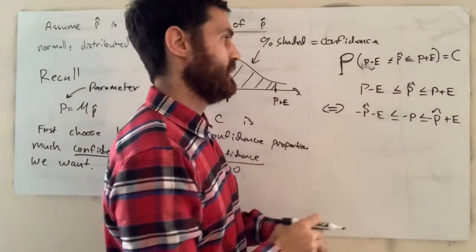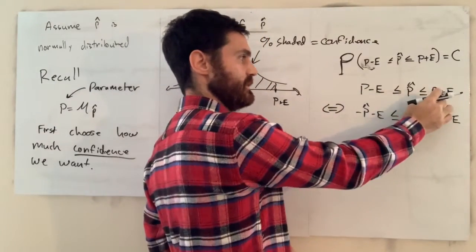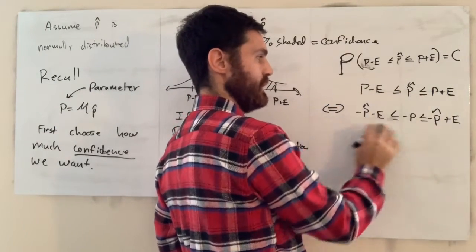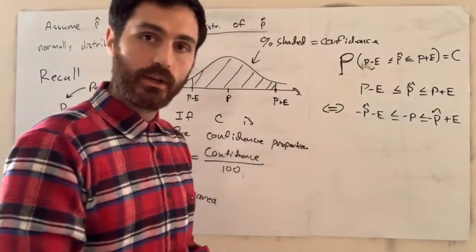So all I've done is I've subtracted p hat from all pieces, and then I've subtracted p, and I'm left with this. So this is actually an equivalent inequality.